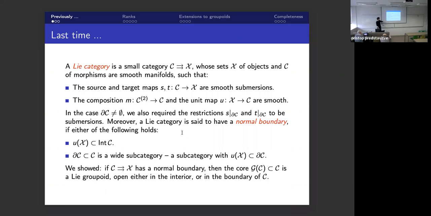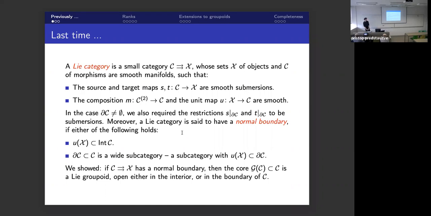If one of these two conditions holds, then the core is indeed a Lie groupoid, so it inherits the structure of a smooth manifold, and everything plays out nicely. In the first case, it's going to be open in the interior, hence in the category, so in the space of morphisms itself.